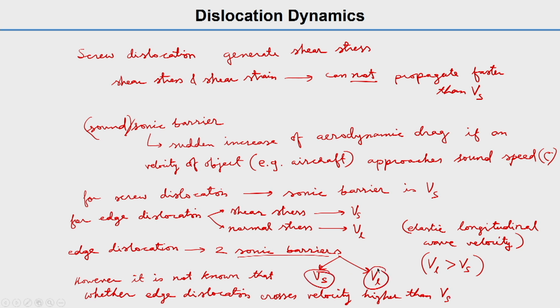One is at the shear wave velocity for shear stresses, and for normal stresses it is Vl, that is the longitudinal wave velocity.